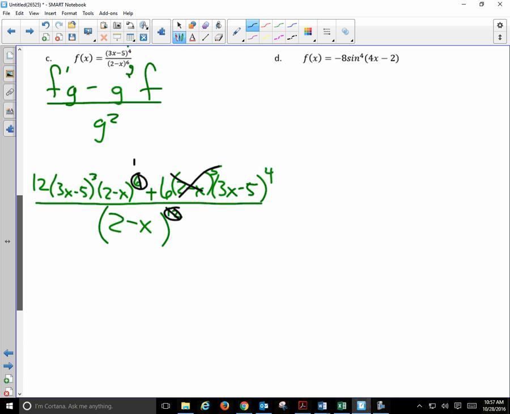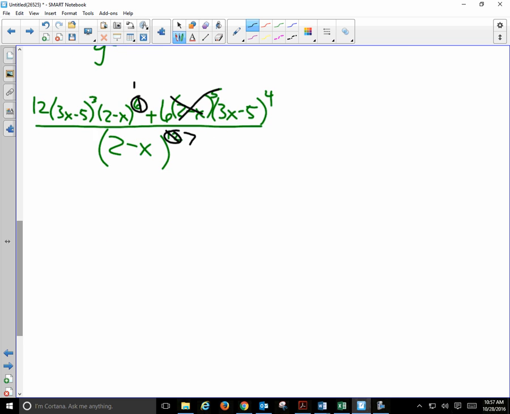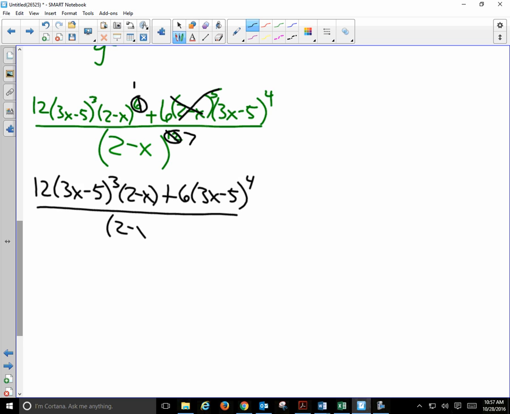This will reduce to 7. Okay? So I now have 12 times 3x minus 5 to the 3rd times 2 minus x plus 6 times 3x minus 5 to the 4th all over 2 minus x to the 7th power.